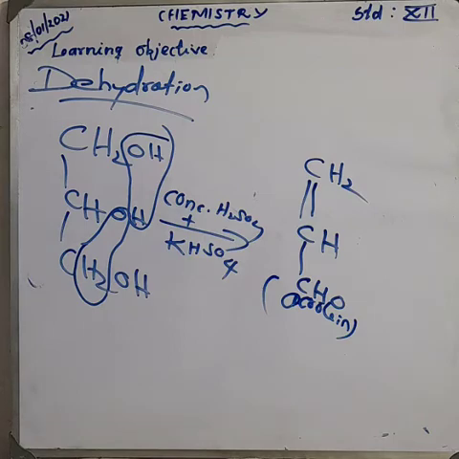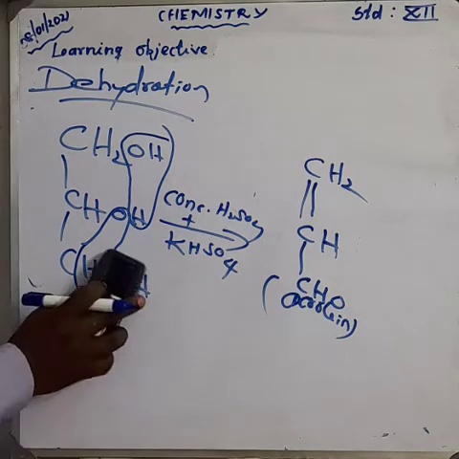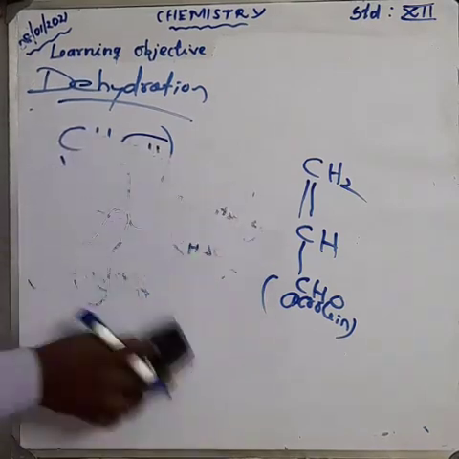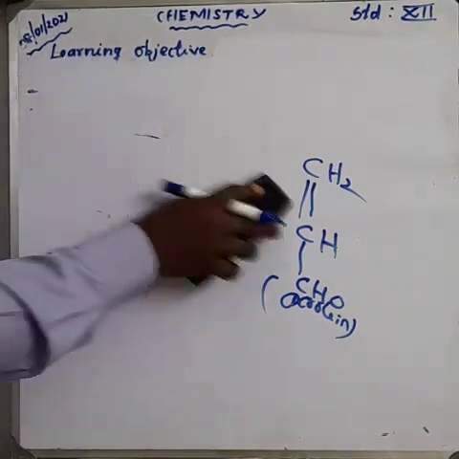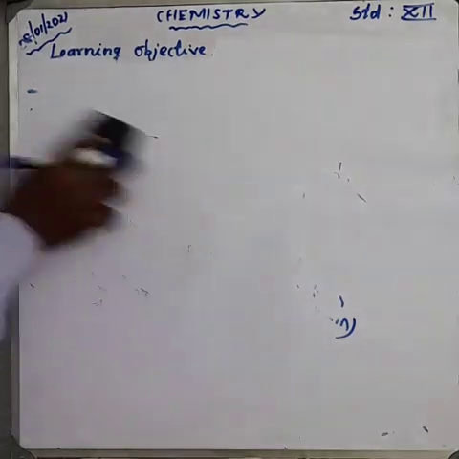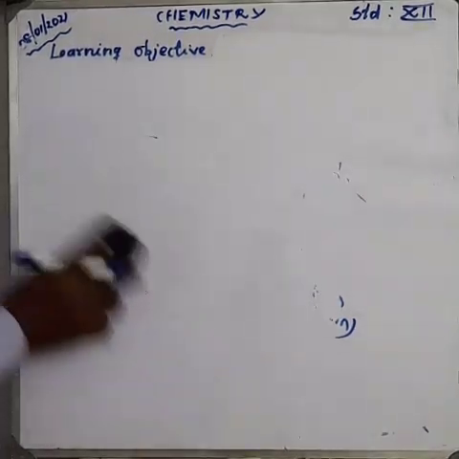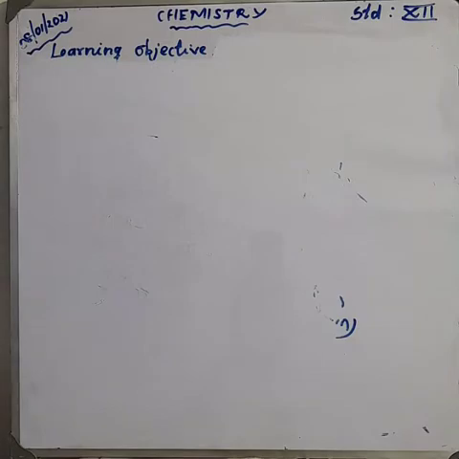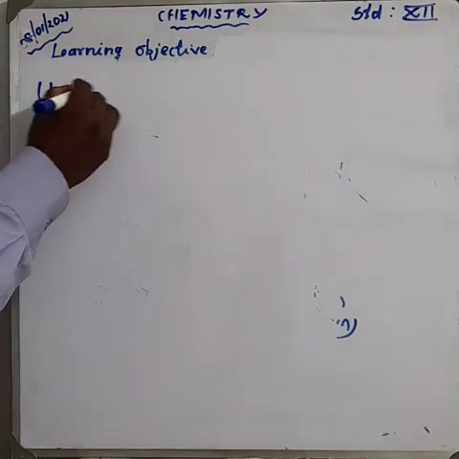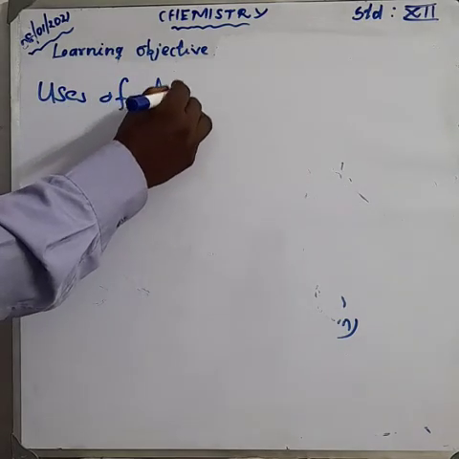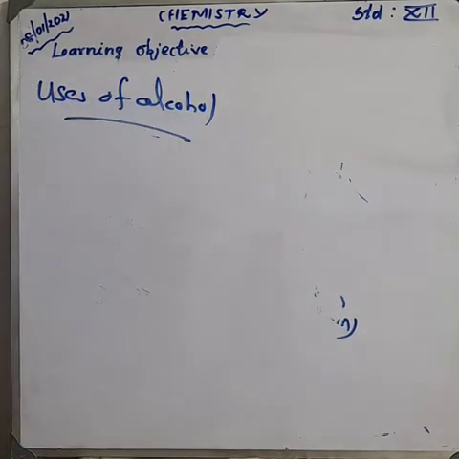Next, about oxidation, we already learned that one, and now about the uses. All of you know about the uses of alcohols. The first one is the uses of methanol.